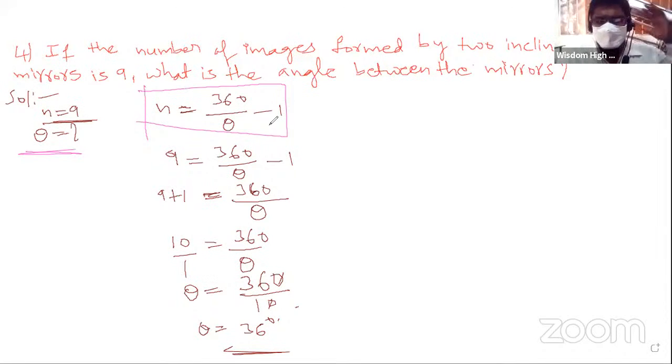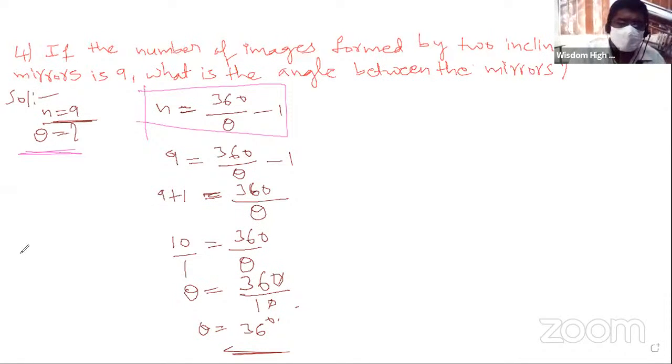Substituting n equal to 9, 9 equal to 360 by theta minus 1. Taking the minus 1 to the left side, 9 plus 1 equal to 360 by theta. Then 10 equal to 360 by theta.